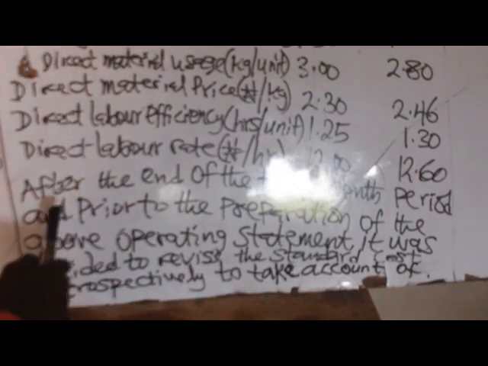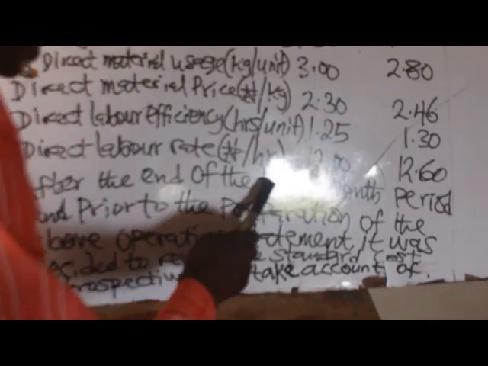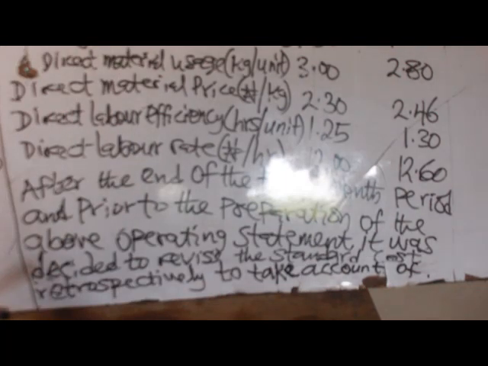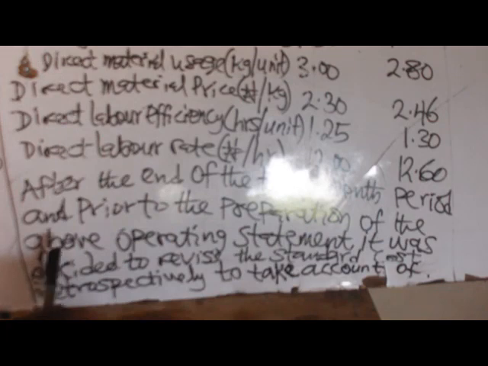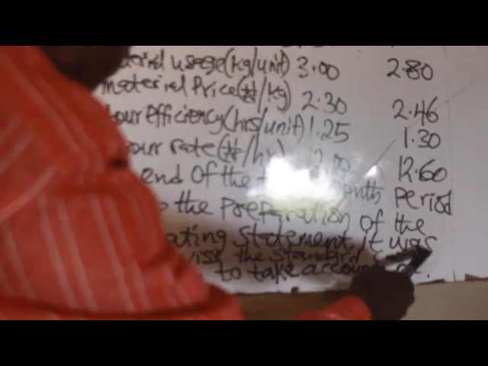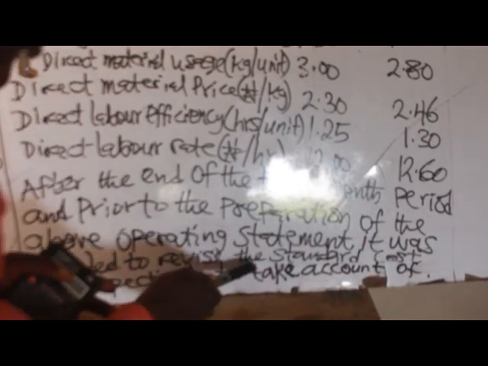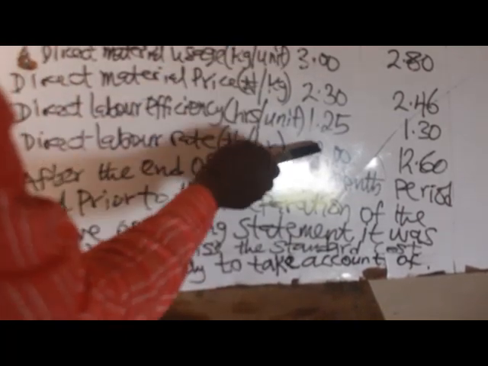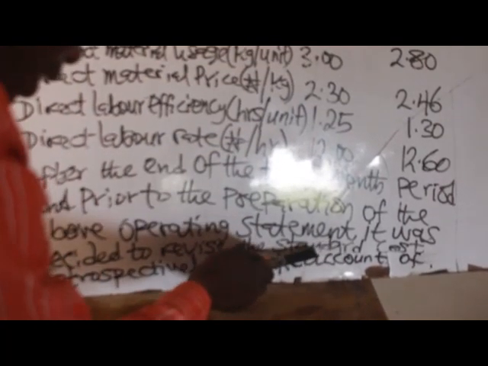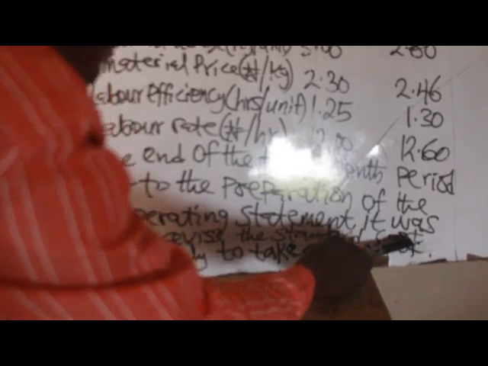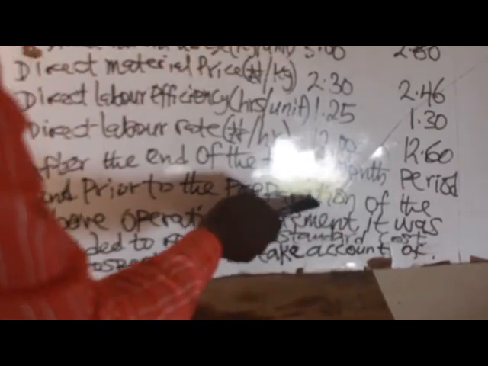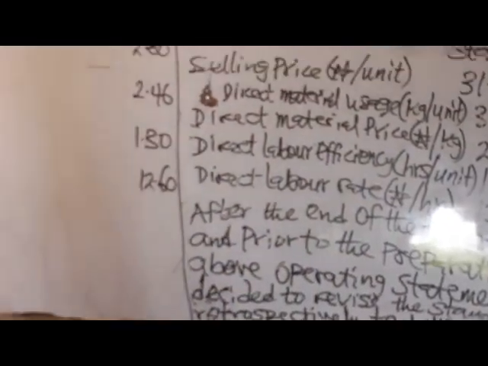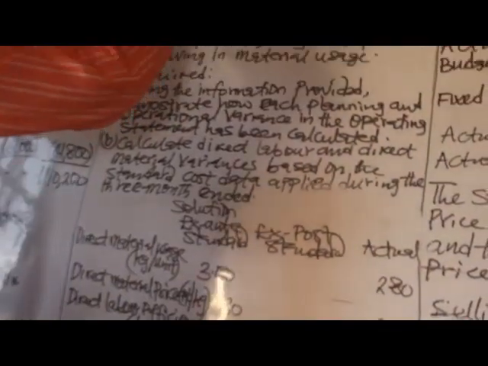Now let's go through the question. After the end of the 3 months period and prior to the preparation of the above operating statement, it was decided to revise the standard cost retrospectively, to take account of the following.